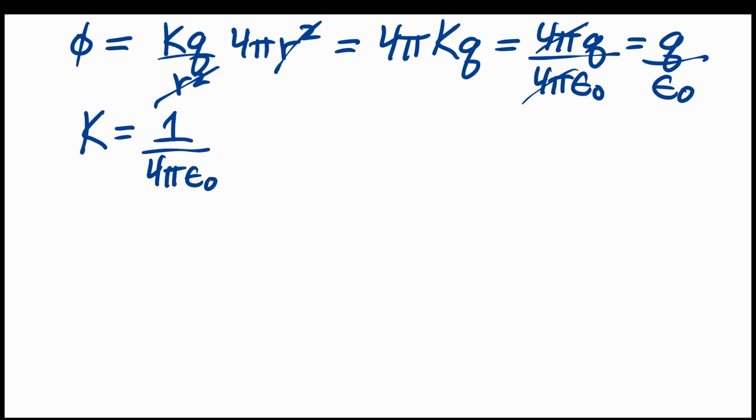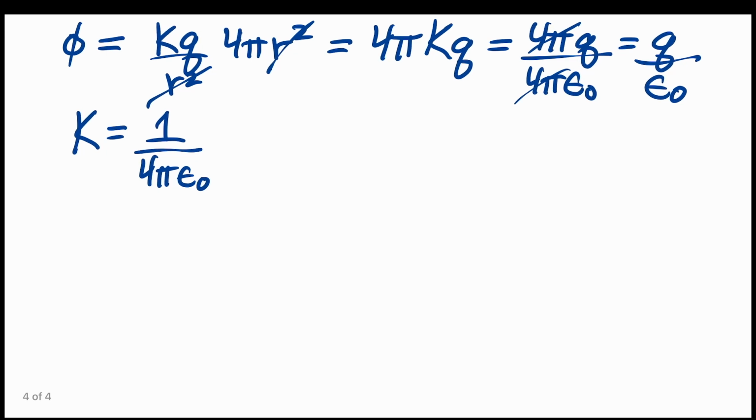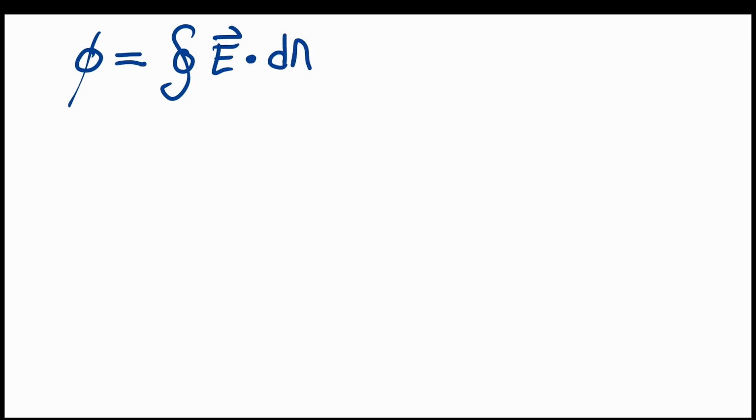Okay, so let's rewrite all of this. What we deduce now is that the flux through the surface of the sphere is the integral of the electric field dot product the vector element of surface, at the specific point on the surface where you evaluate the electric field.